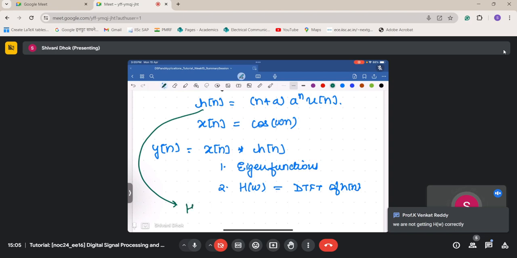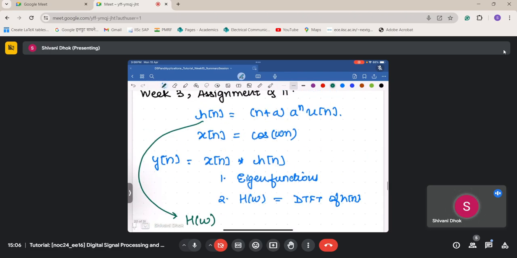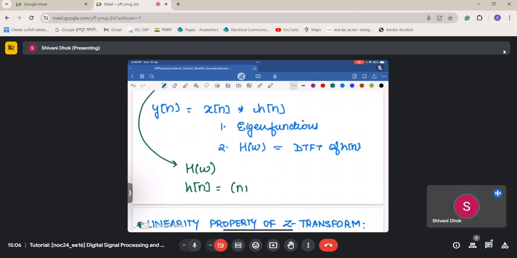You are having h of omega. This you need to figure out. Now this h of n is equal to n plus a into a to the power n u of n. Now you just need to figure out this thing here.